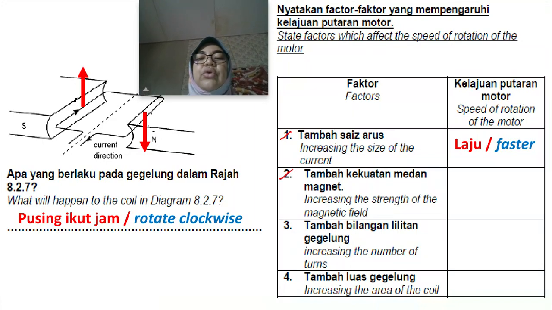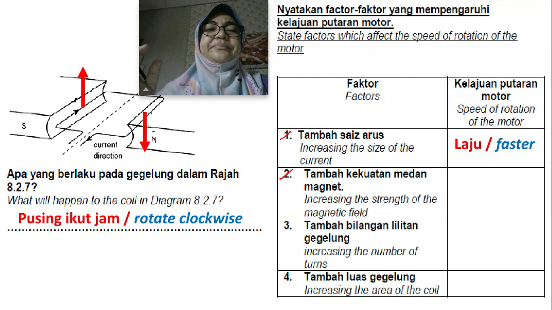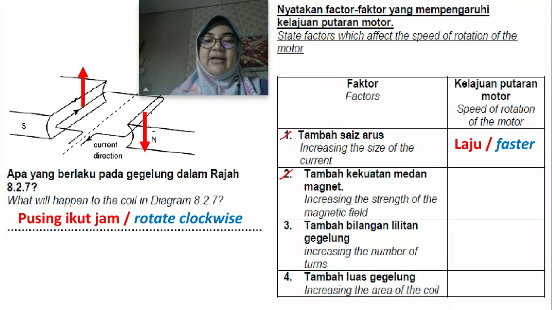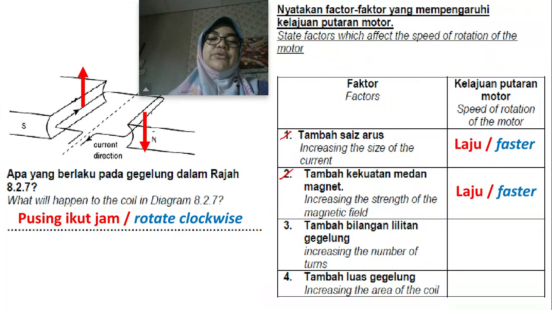Okay, number two, increase the strength of magnetic field. So bila ada magnetic field yang lebih, we get magnetic field lines yang lebih. So bila magnetic field lines lebih, so you get force yang lebih besar. So you will go faster also.